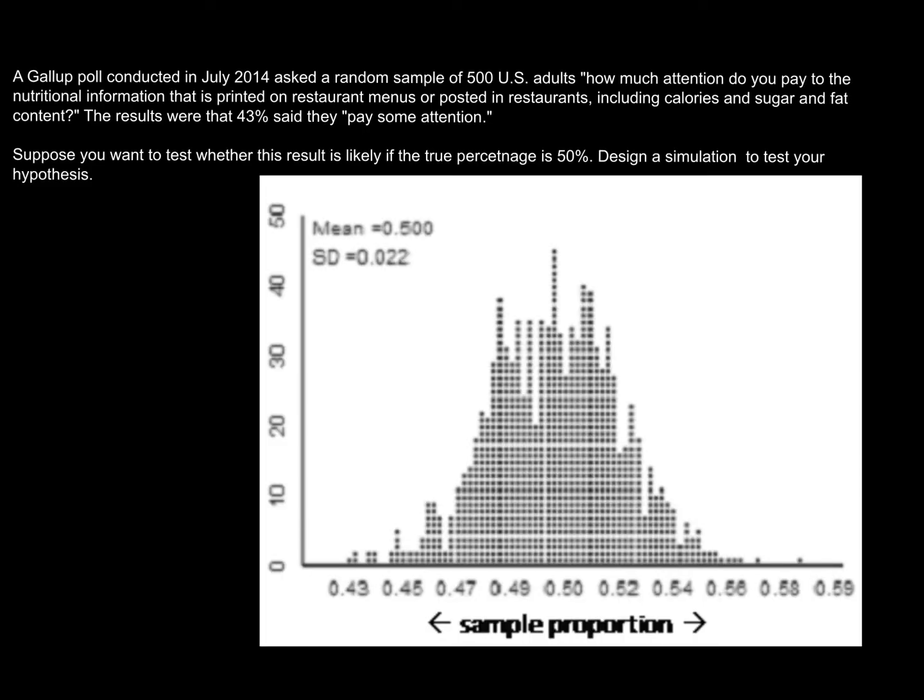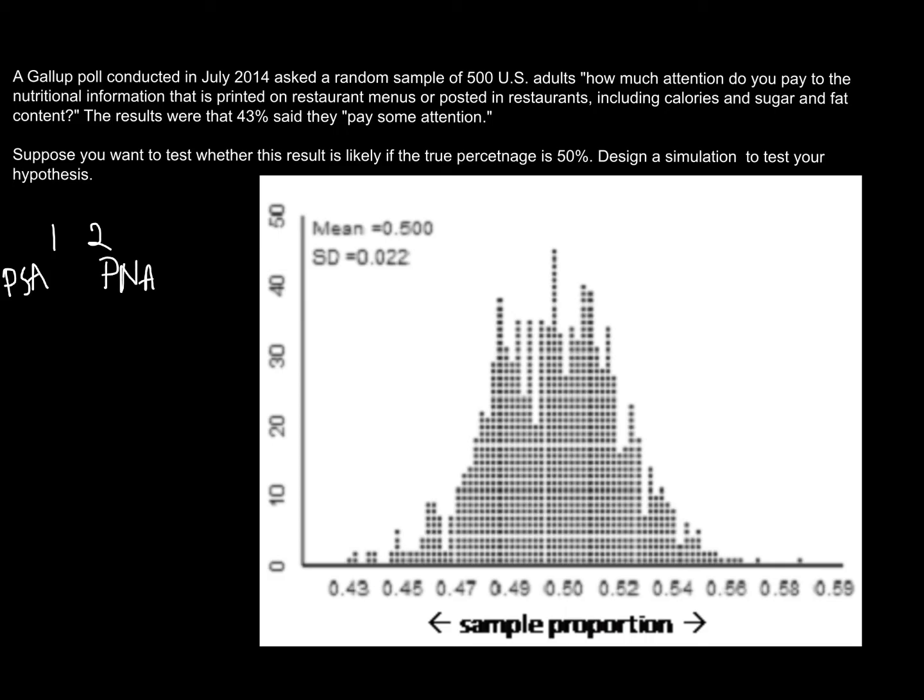Right, so here's data from a simulation that was run where there were two options, right? A 1 or a 2. So pick a number between 1 and 2. And 1 represents that they pay some attention, and answer choice 2 was that they pay no attention.